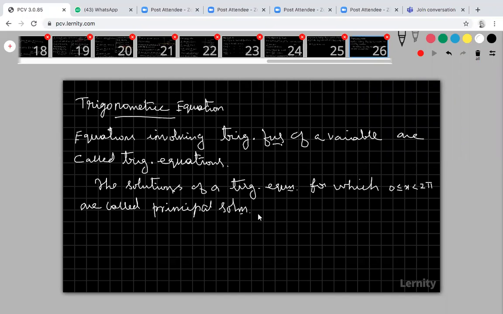Please try to understand: the solution of a trigonometric equation for which x lies between 0 and 2 pi, 0 included and 2 pi not included, are called principal solutions. See the example. My first example, sin x is equal to root 3 by 2. Look at that, sin x is equal to root 3 by 2.